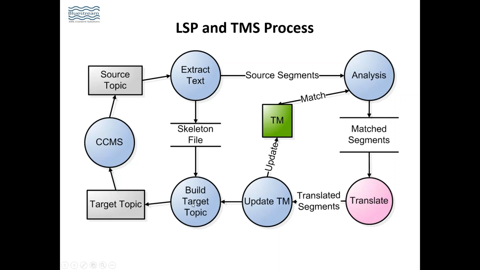It came in as English, builds it in French down here, and basically produces the target topic, which goes back to the CCMS. So that's the process there that I imagine the TMS goes through.